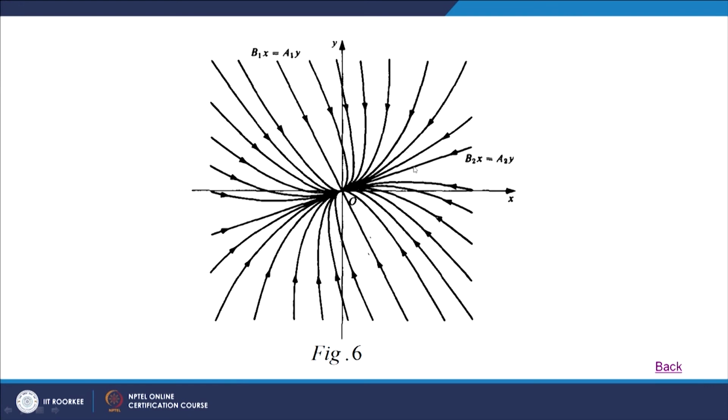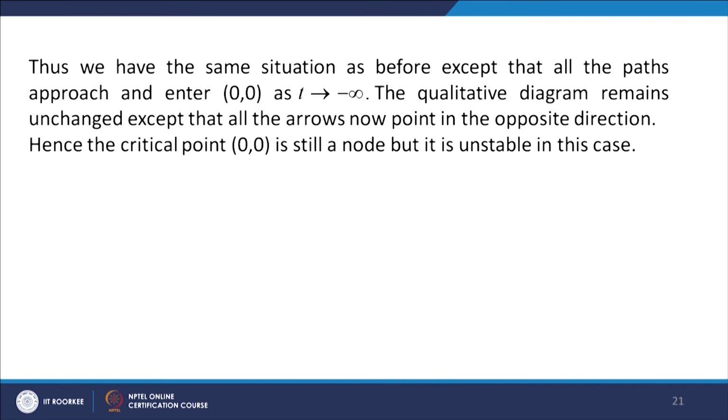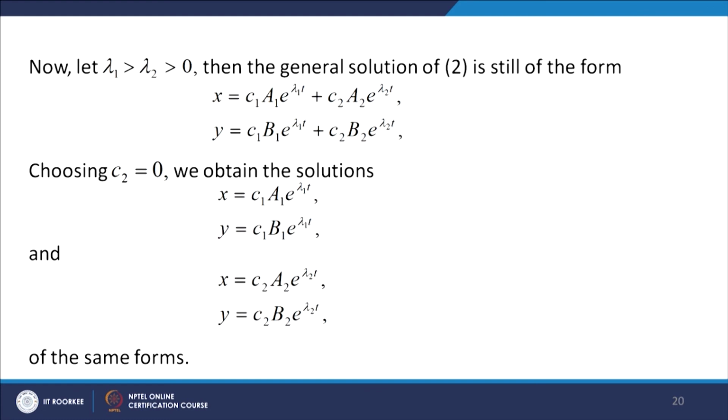This line b2 x equal to a2 y is tangent to all these paths, and this line has slope b2 by a2. So, all these non-rectilinear paths enter (0,0) with limiting slope b2 by a2, and thus we have the same.